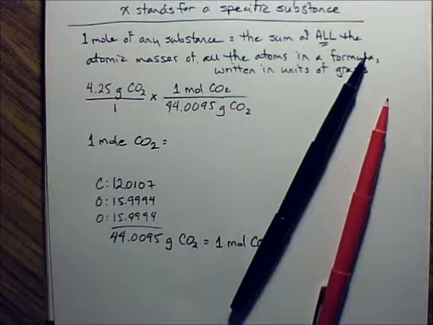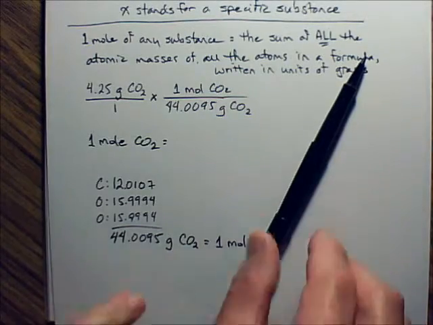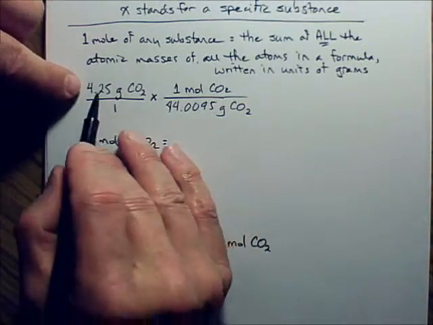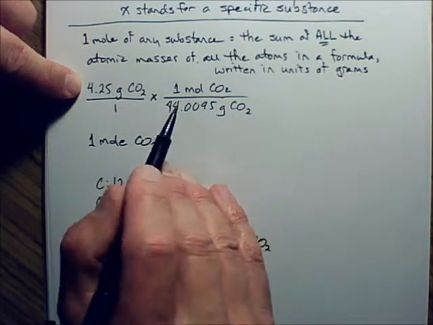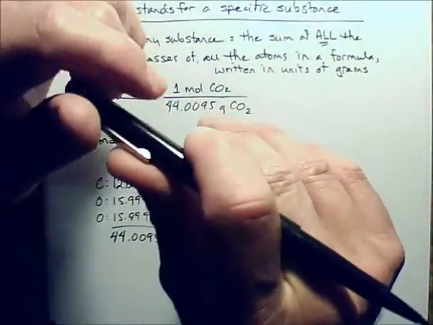I think the best option would be to multiply the top, which is 4.25. The 44.0045. Well, you're going to divide this number by that number. This is division. But there's something we need to do before we even do that.